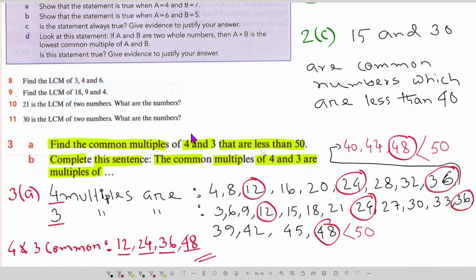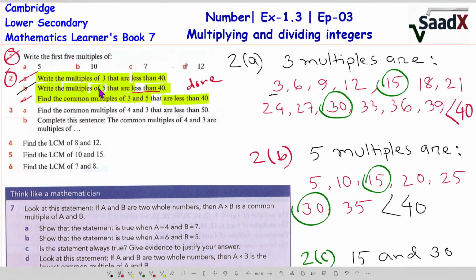And this is the common thing. Look, 4 and 3, once we multiply, it will become 12. So the common multiples of 4 and 3 are multiples of 12. Okay, this is our answer. So 3A and B done.